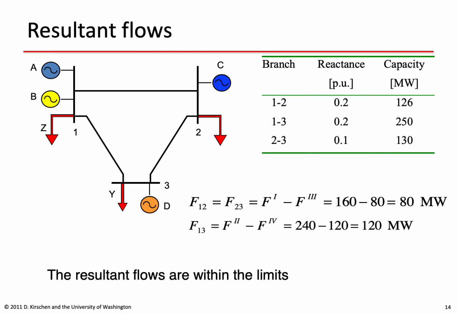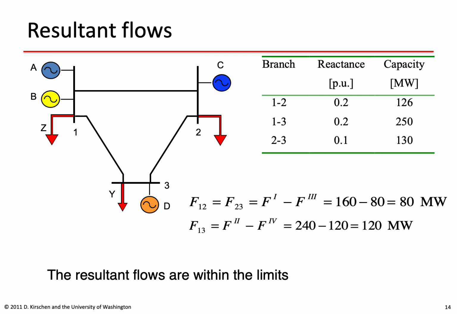Now, if we have the two transactions at the same time, we can calculate the flows in every branch. And we find out that F12, the flow in line 1-2, which is the same as the flow in line 2-3, is equal to the flow along path 1 for the first transaction, minus the flow along path 3 for the second transaction, because it's going in the opposite direction.